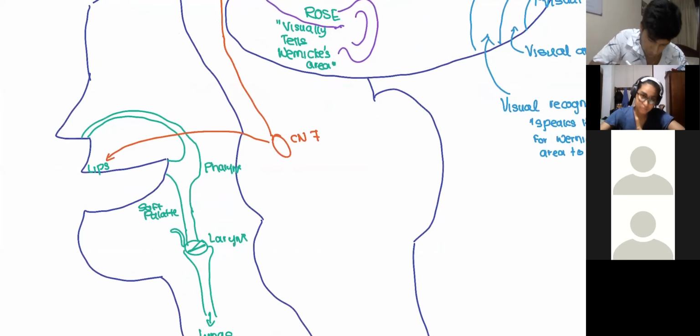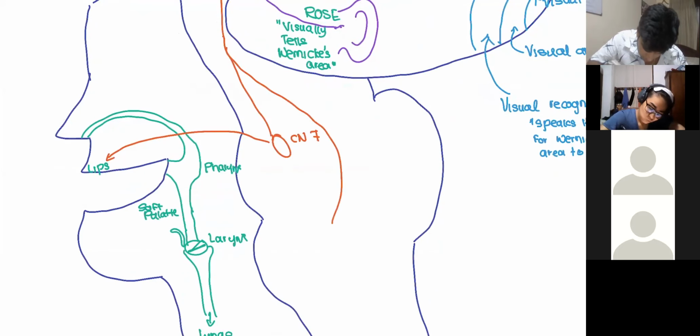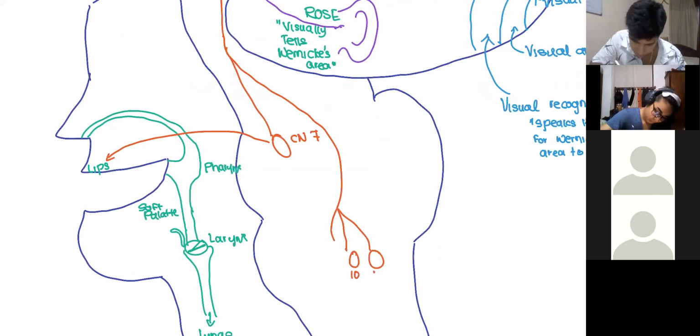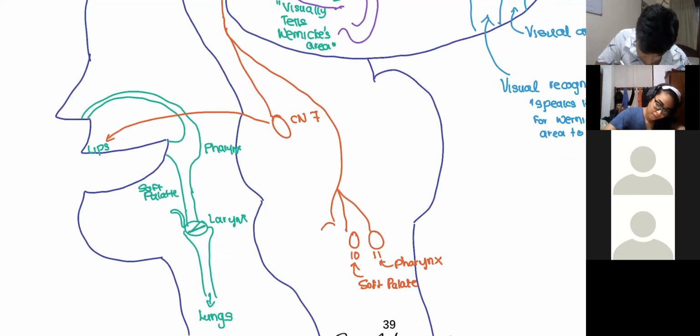They will also send signals to cranial nerves 10 and 11, the pharynx and the soft palate, and cranial nerve 12.